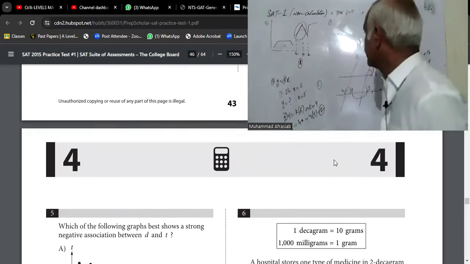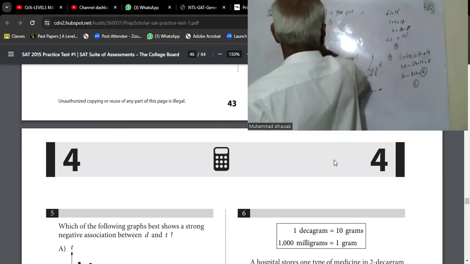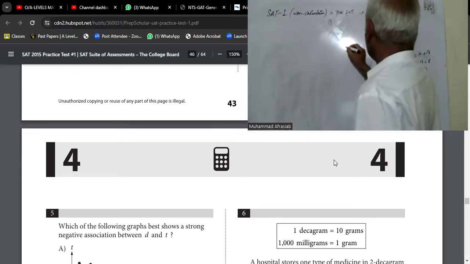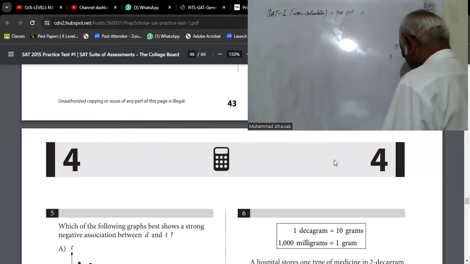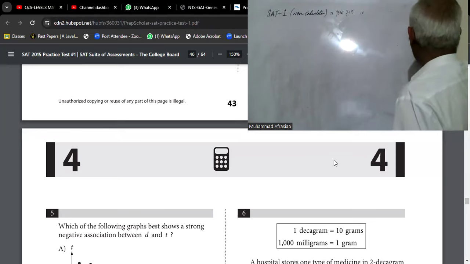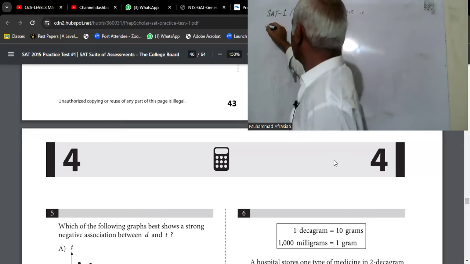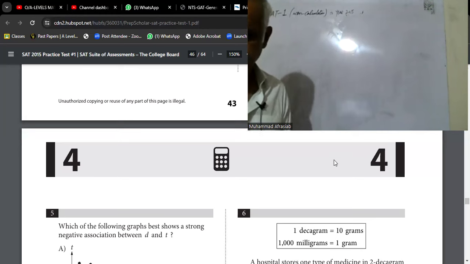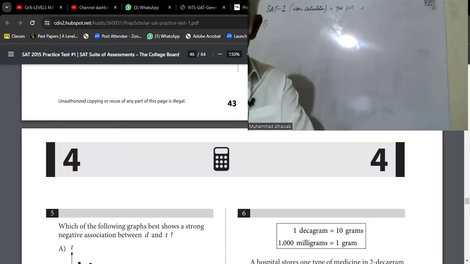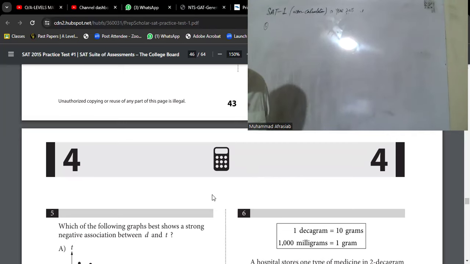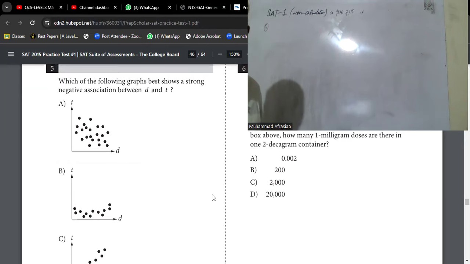Question number 5 now. Which of the following graphs best shows a strong negative association between D and L?